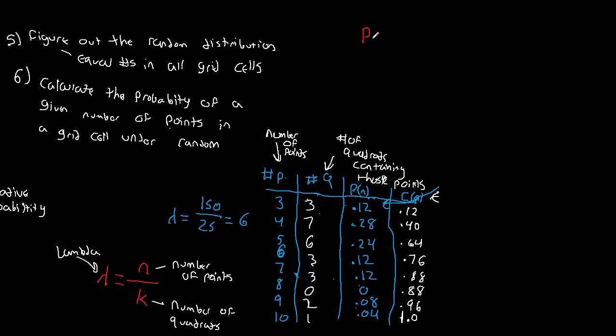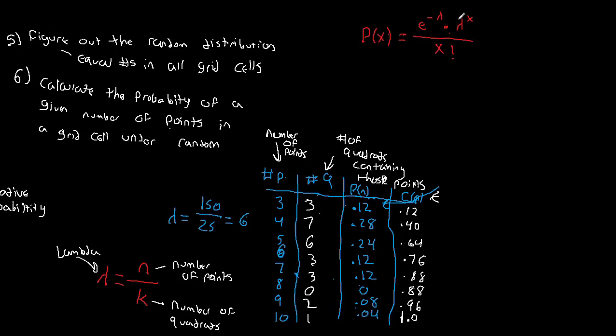The probability of having X number of points is going to be equal to e to the negative lambda times lambda to the x over x factorial.